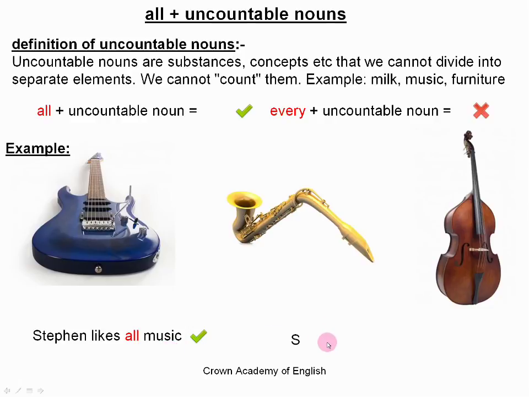So this is wrong. We must not say Stephen likes every music. That is just nonsense. It does not make any sense. It doesn't mean anything, and grammatically it is wrong. So just to remember, if it is an uncountable noun, you can only use the word all.